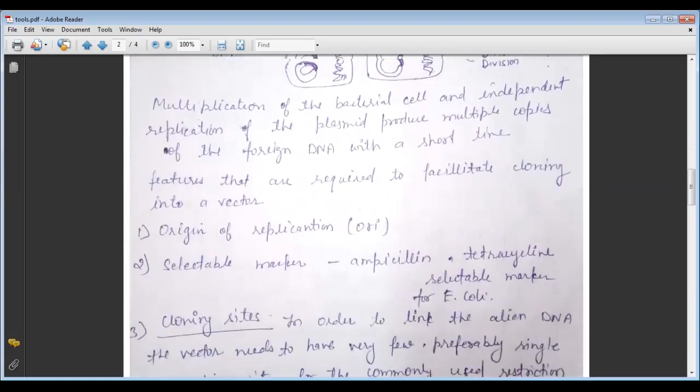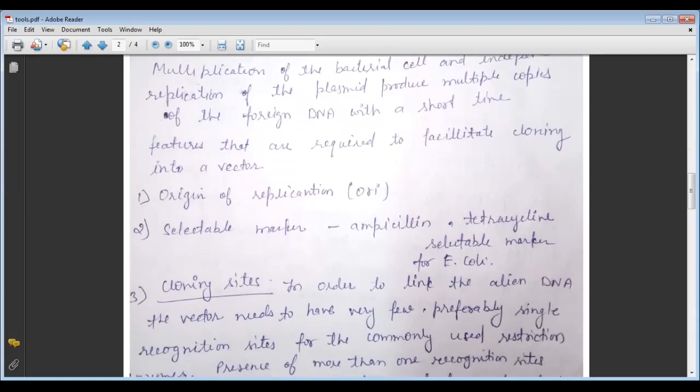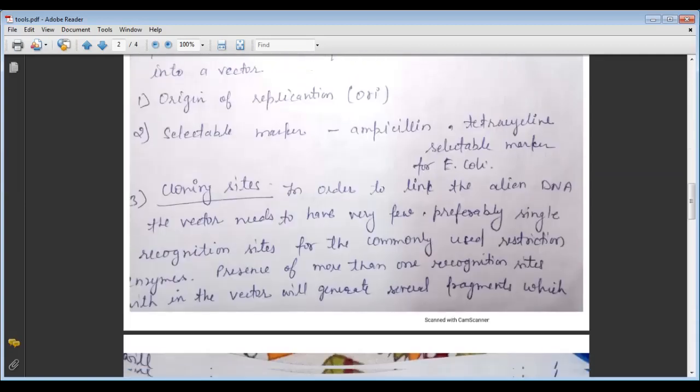So now the features that are required to facilitate cloning into a vector. So the first point is the origin of replication, or as we know, the origin of replication means where the replication starts.